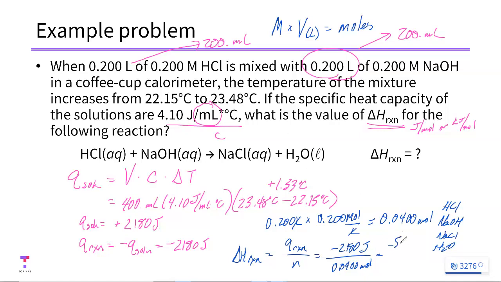And that would give me negative 54,500 joules per mole, which we could easily convert to negative 54.5 kilojoules per mole. Just remember, there are 1,000 joules in a kilojoule, so I can just move that decimal place 3 spots over to the left.